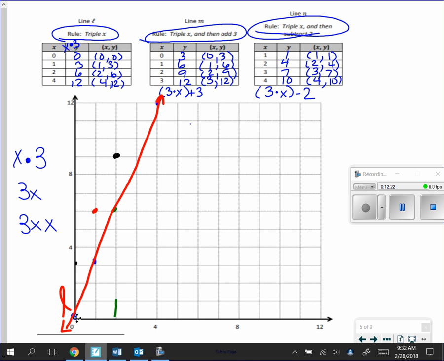Fourth point, Jonathan. So line M should be parallel.